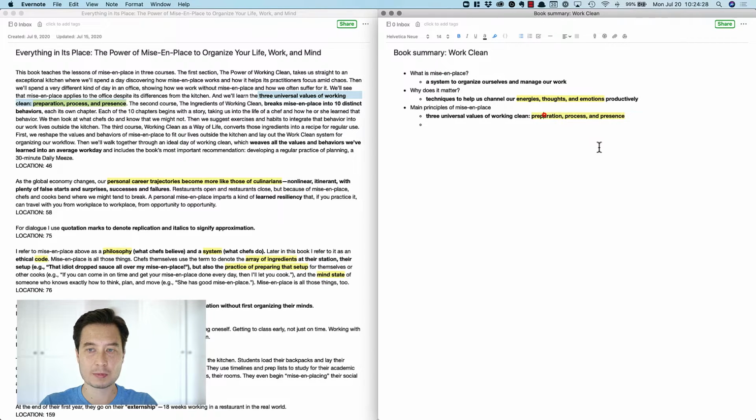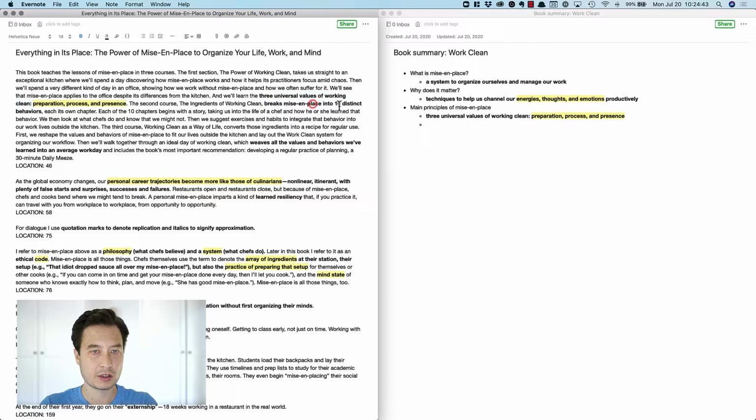You know, part 1 preparation, part 2 process, part 3 presence. This might actually be a great 3-part structure, but I'm always free to do that later. So for now, I'm just trying to move in a kind of linear, straight line and not do too much in-depth thinking. Okay, so 10 distinct behaviors, each with its own chapter.